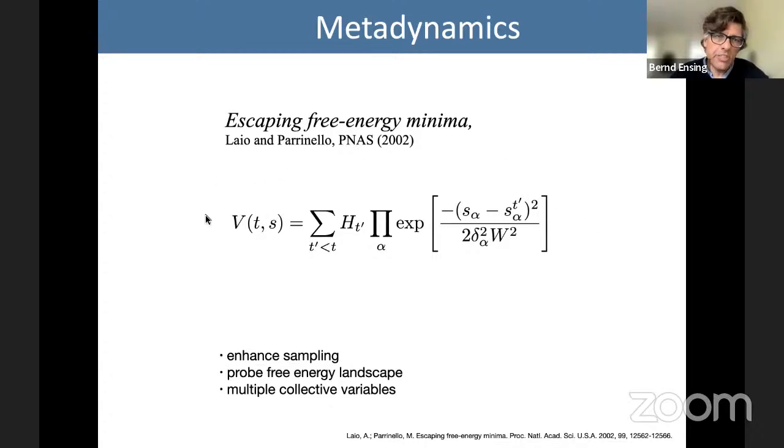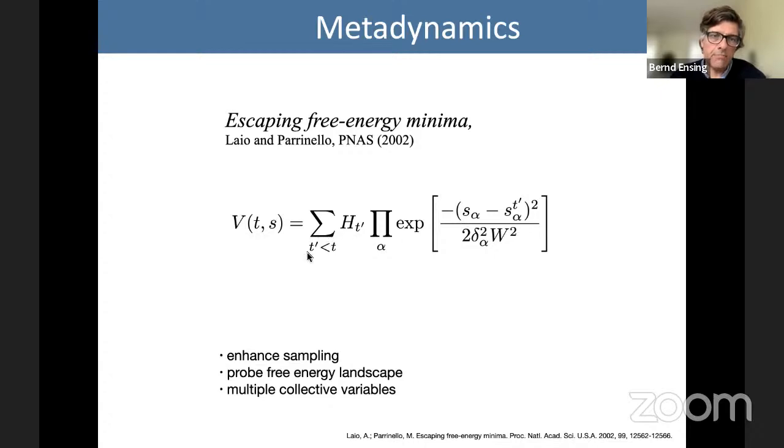And the idea was very simple. You just add a time-dependent potential to your Hamiltonian that is built up of Gaussian kernels, right? So here you recognize the Gaussians that work on some collective variables S that you push at every time t', and so you build up a biasing potential.